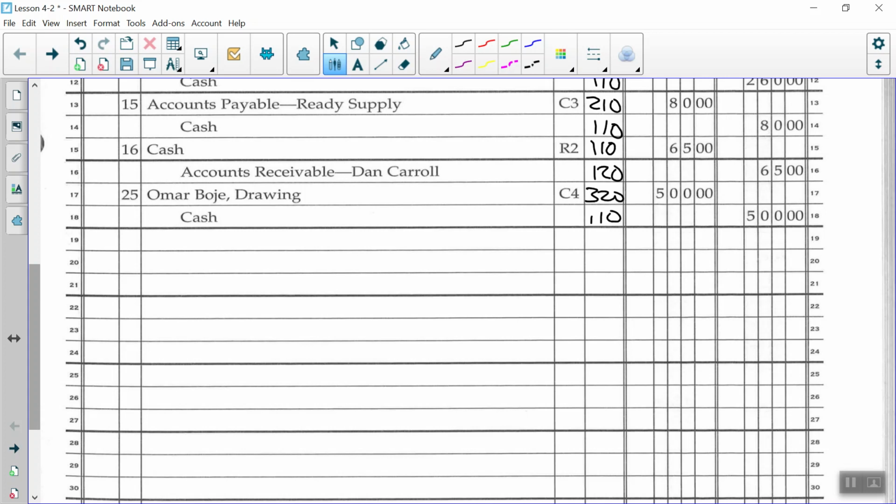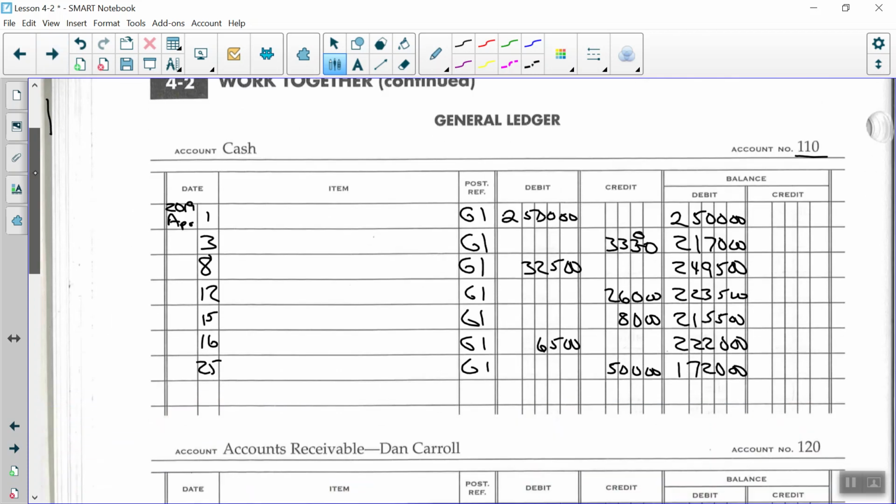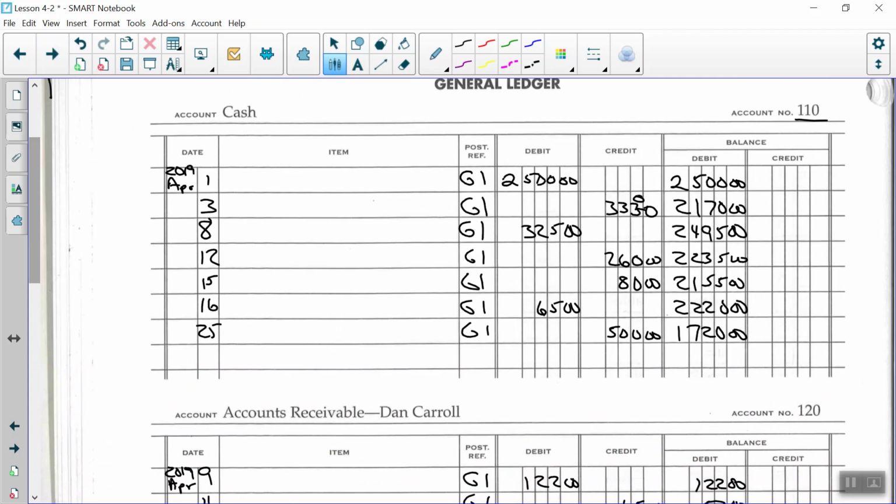I think we still have to reconcile with the bank account, which we'll do in chapter 5 or 6. But right now, we think we have 1720 in our checking account. So we go to our ledger, our cash ledger account, that should equal the last balance. If it doesn't equal, we got to go back and figure out why. Okay, question, make sense? Questions?